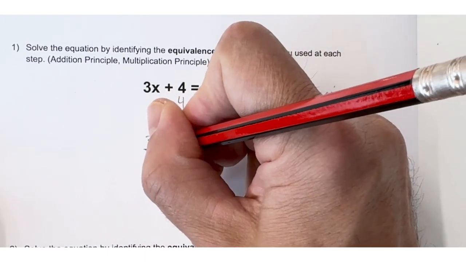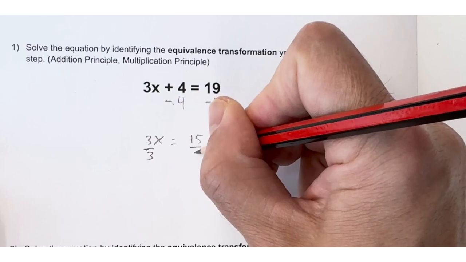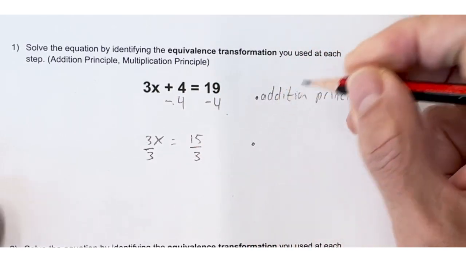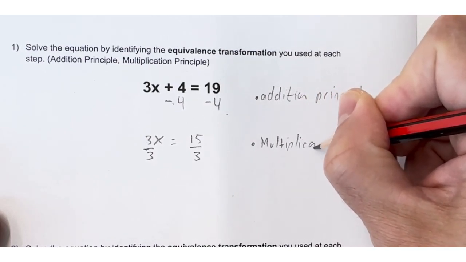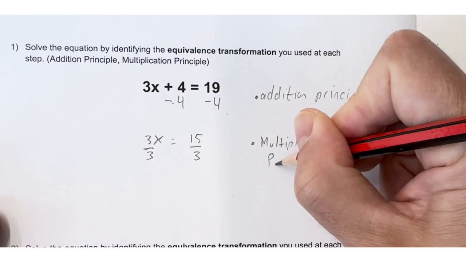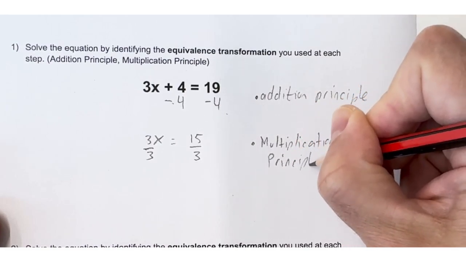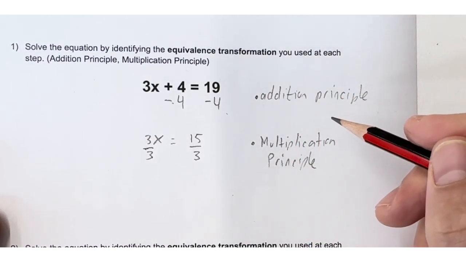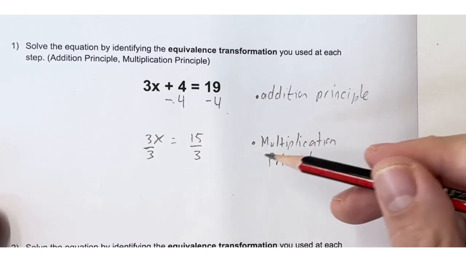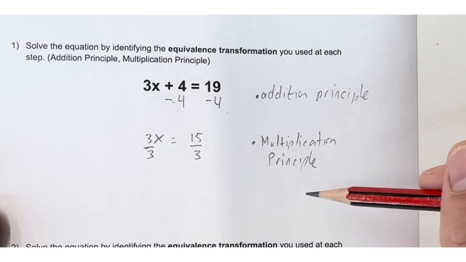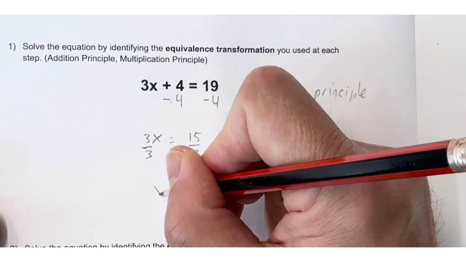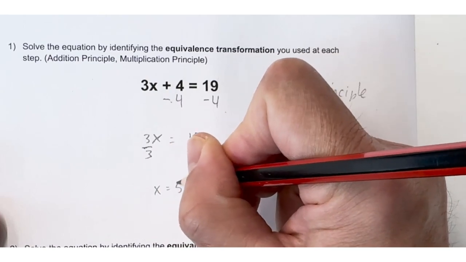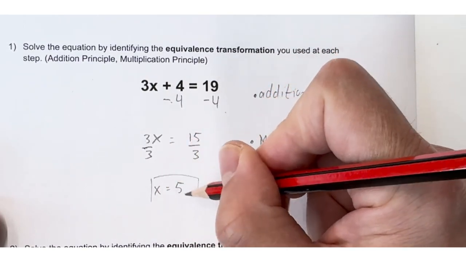So we are going to do the opposite operation of dividing by 3. Okay, and that is actually called the multiplication principle. And again, it's not called the division principle because division is really just multiplying by a fraction or something less than 1. Okay, so that gives us x is 5, and there you go.